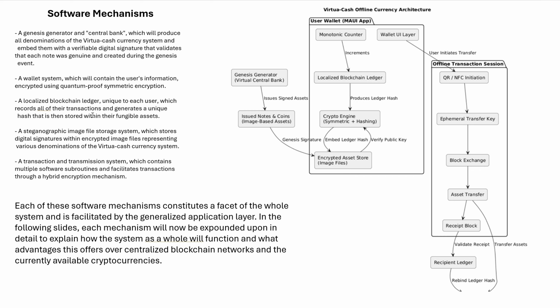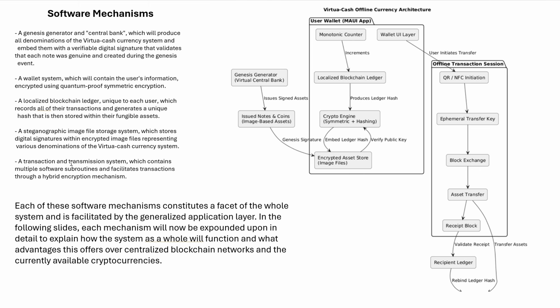A localized blockchain ledger, unique to each user, records all of their transactions and generates a unique hash that is then stored within their fungible assets through steganography. A steganographic image file storage system stores digital signatures within encrypted image files representing various denominations of the virtual cash currency system.